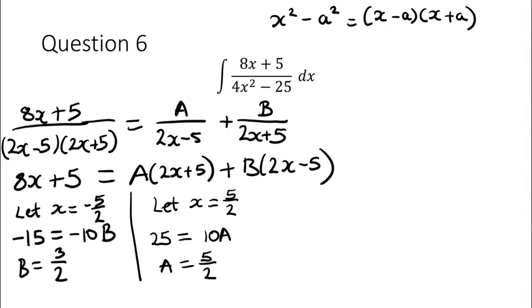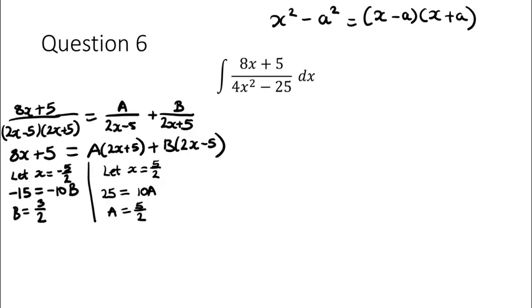So now what we can do is go back to our problem. Now we know the values of a and b. Rather than integrate 8x plus 5 over 4x squared minus 25, let's think of it as 5 over 2 times 2x minus 5. What I'm doing there is just substituting in the constant that I found, that a is 5 over 2.